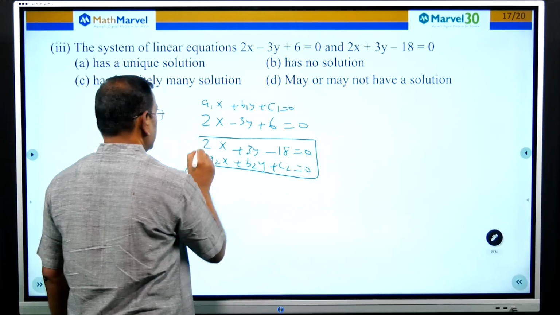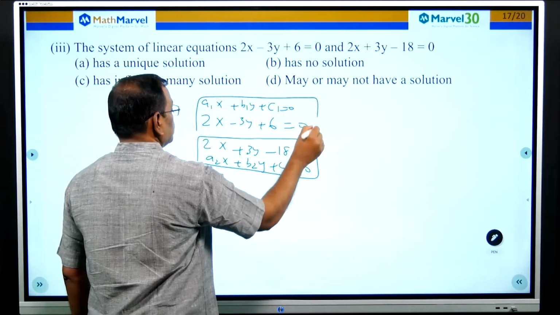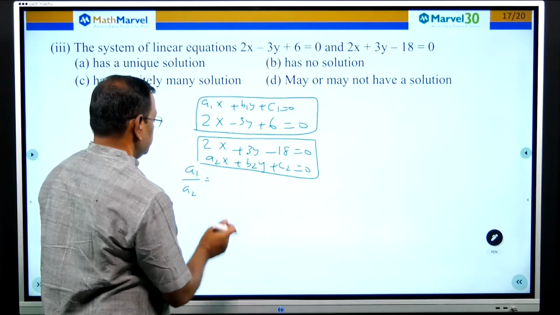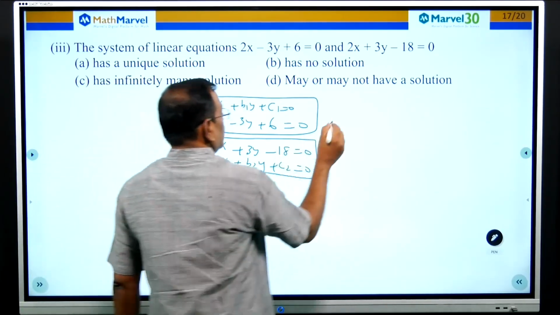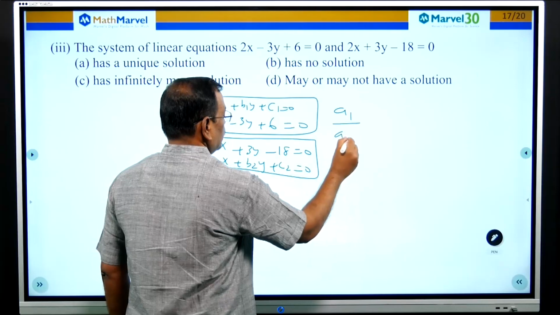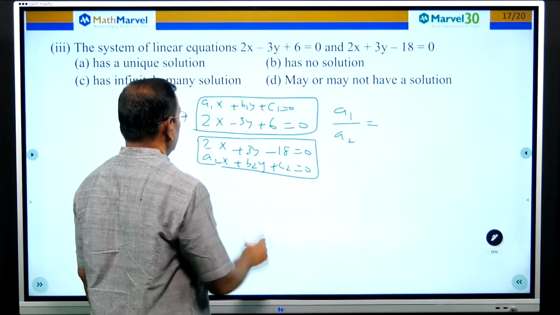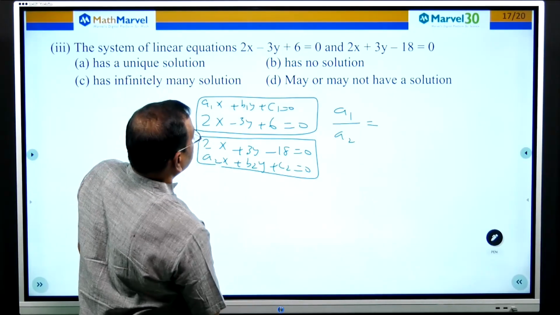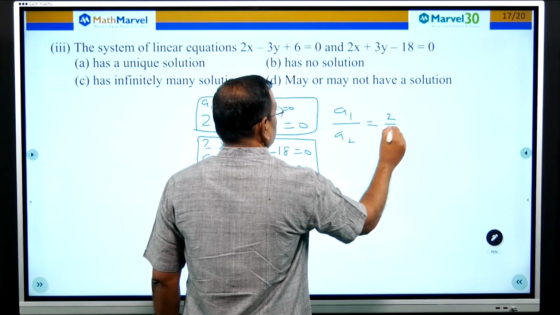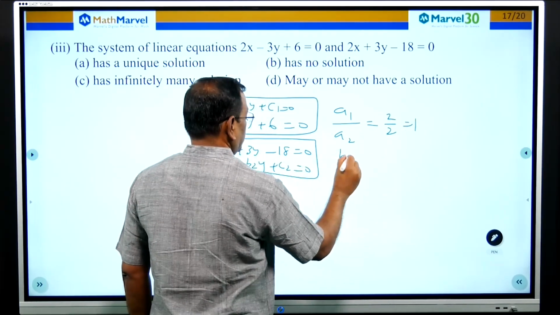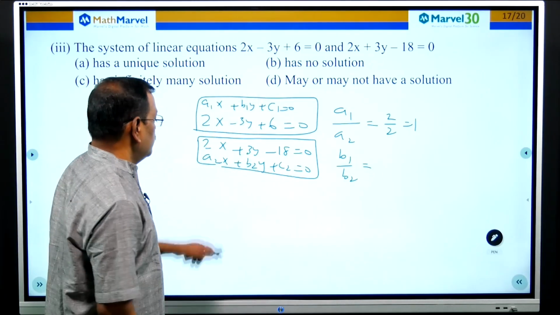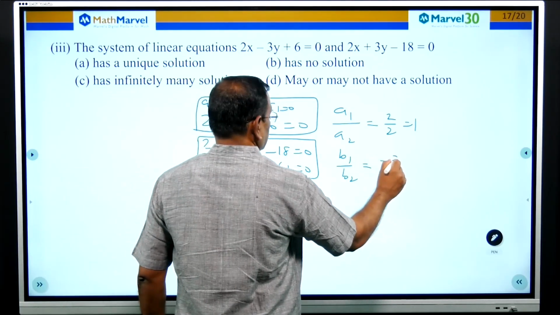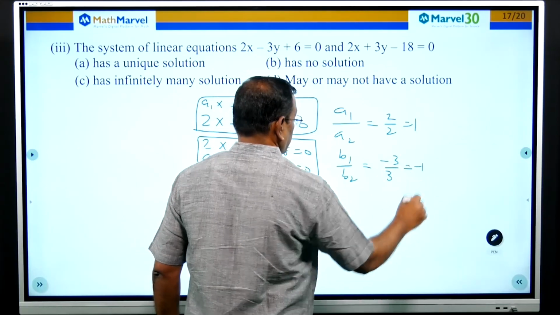If I compare these two, what is a1 by a2? 2 by 2. What is b1 by b2? The coefficient of y on both sides: this is minus 3 and this is 3, and hence it is minus 1.